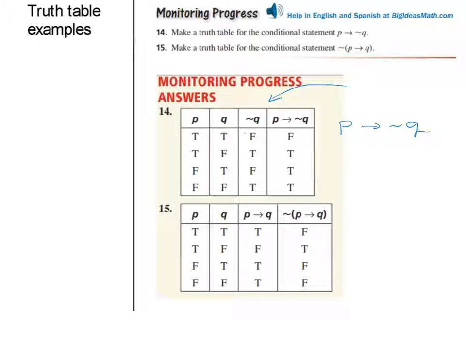And it follows the same pattern. If the premise or the hypothesis is true and the conclusion is false, then the entire statement is false. If the hypothesis is true and the conclusion is true, the entire statement is true. It follows this pattern every time.